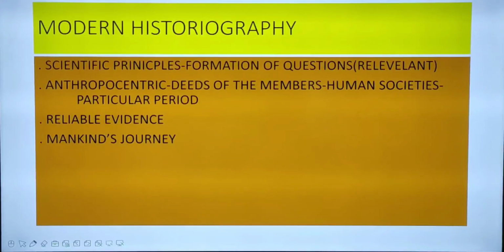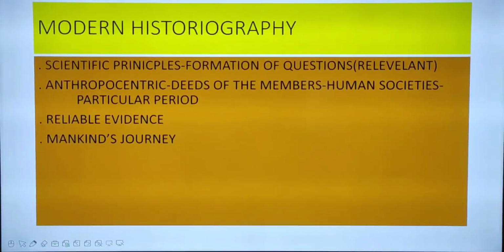Now, modern historiography: these are basically the four pillars of modern historiography. In simple words, I will call them the four main characteristics of modern historiography. That is put across your board. First is scientific principles.